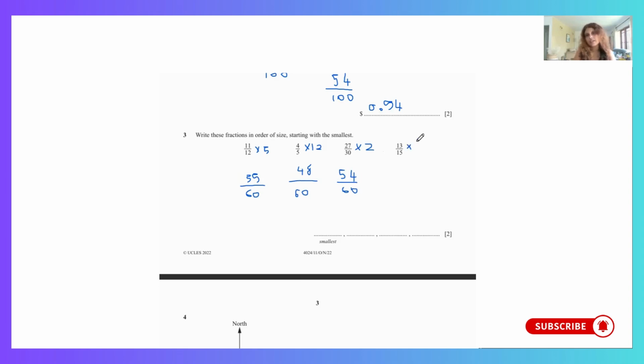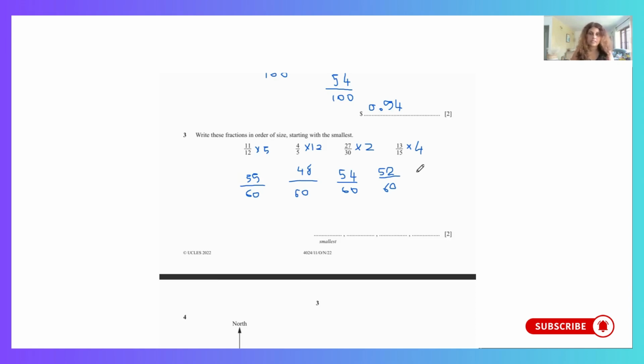So this fraction I'm multiplying by 4. So 15 times 4 is 60 and 13 times 4 is 52. Now all fractions are converted into fractions with the denominator of 60. So now we can find what's the smallest and what's the largest.